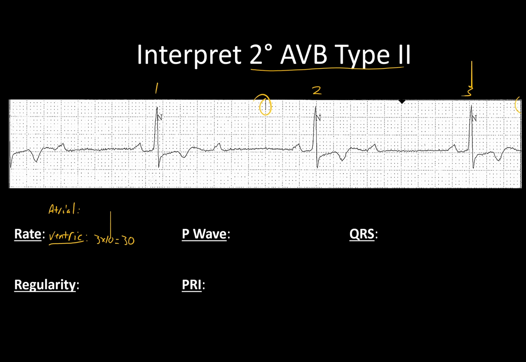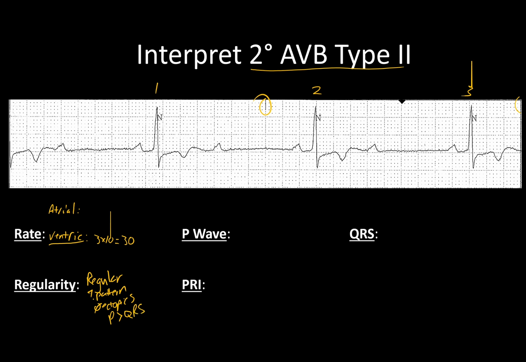But first, regularity. The 3 beats that we do have on screen actually seem to be pretty regular, so we will say that that is the case. Question mark on pattern, because there does seem to be a little something going on there. We don't have any ectopics. But I will say this, we do have more P's than QRS's.